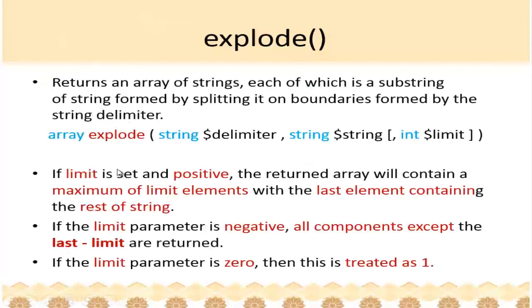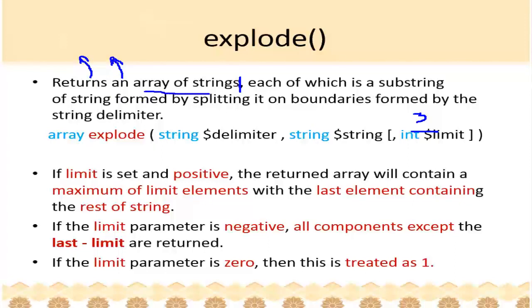If you specify a limit, what is going to happen? It will split into the limit. For example, if you take this first line here, there are 1, 2, 3, 4, 5 elements. Now, if you say the limit is 3, what is going to happen? This will go to array of 0. This will go to array of 1.